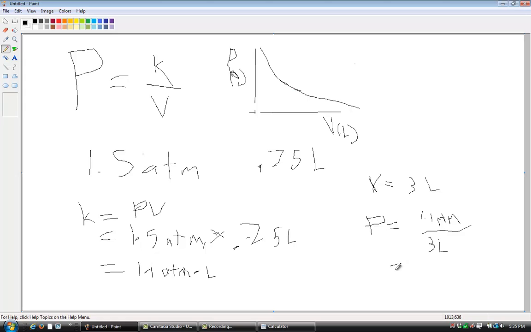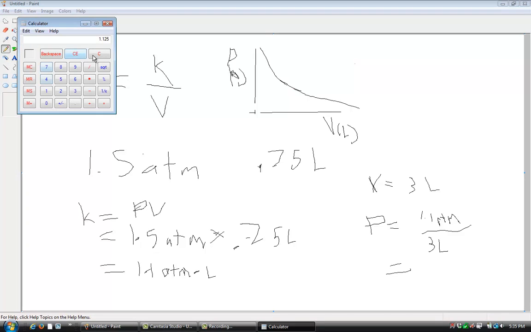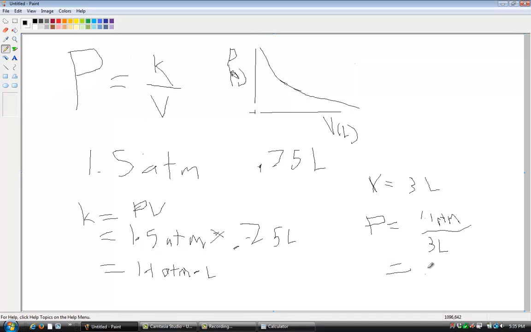And so my pressure winds up being, let's bring up the calculator, 1.1 divided by 3, and we get 0.36 repeating, so we only have 0.37 atmospheres.